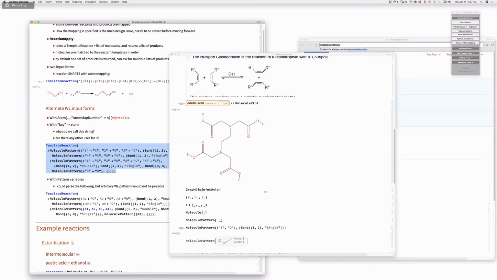But it would be a double layered one, it would be 3, 4. What do you mean? In this case, like the carbon you just had, it would not be 1, it would be 1, 1, because it's from the first molecule pattern.